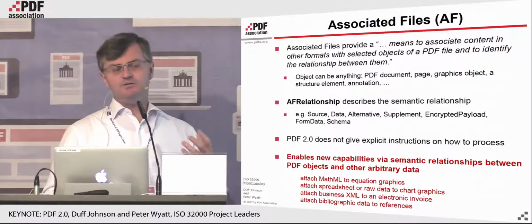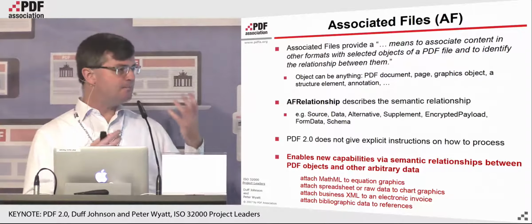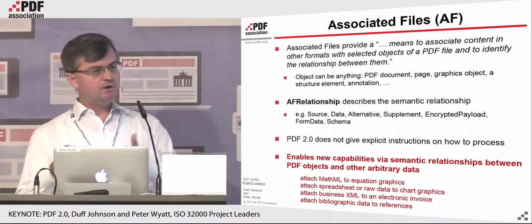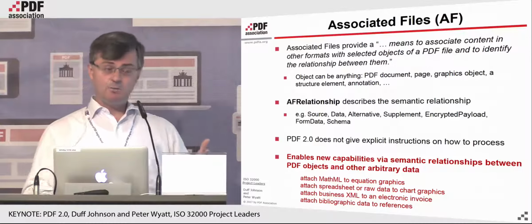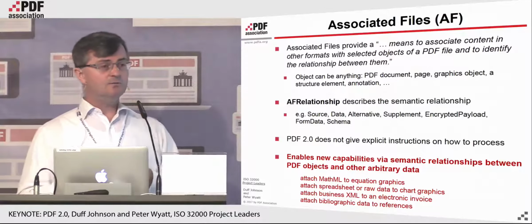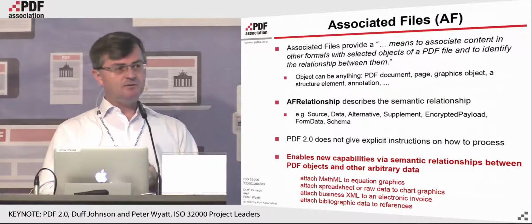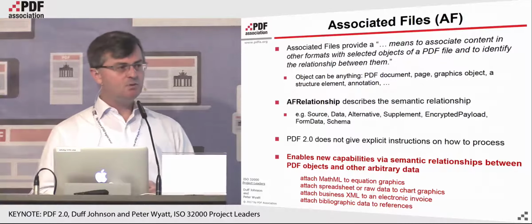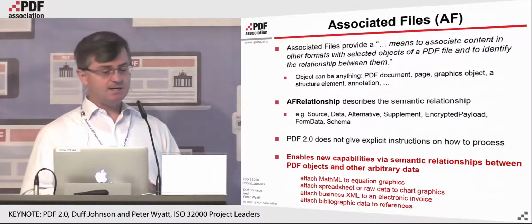Now PDF 2.0 doesn't give you any explicit instructions on what you should do. This is a mechanism, a framework in which we hope other technologies will build on. So NextGen is just one aspect of that. I think somebody yesterday was also talking about using it for accessibility as well. So we hope this gives new capabilities through the semantic relationships between PDF objects at a true object level and other arbitrary data.